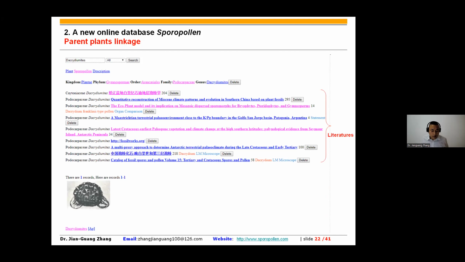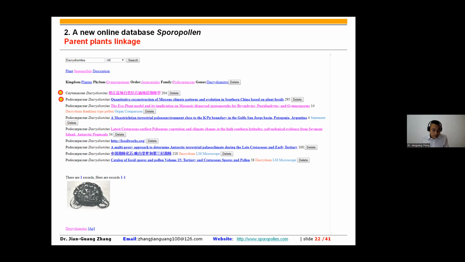All the collected literature will show up together with the pictures and the description of the genus. Click the picture, we'll get all the pictures of this genus. And click the genus name, we'll get all the descriptions of this genus.